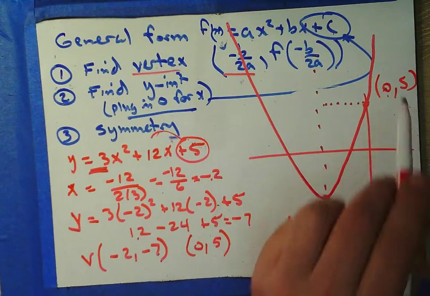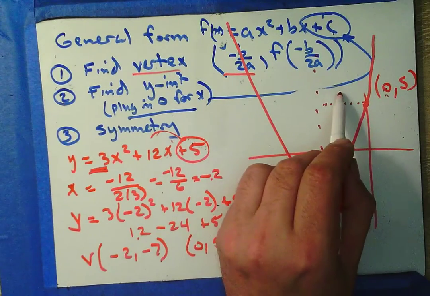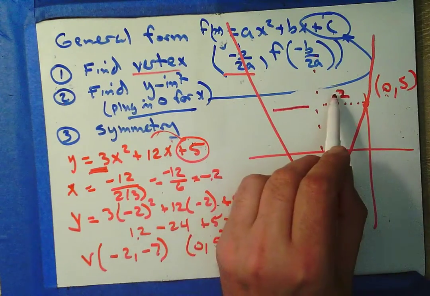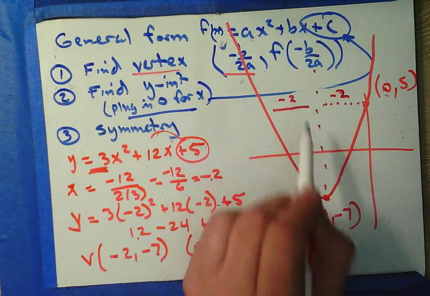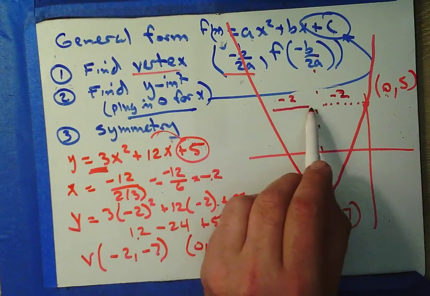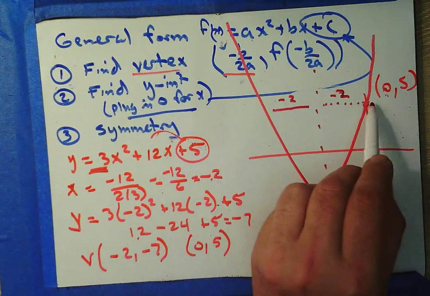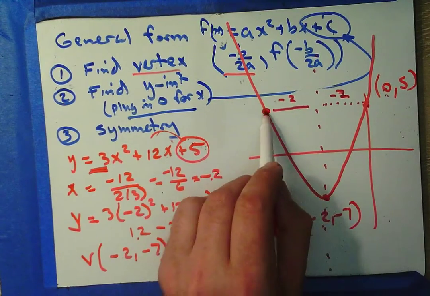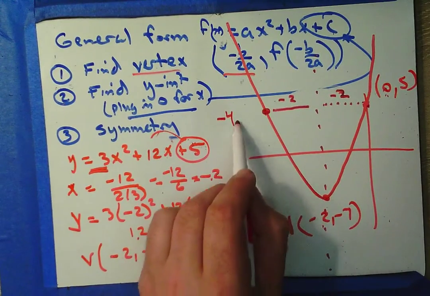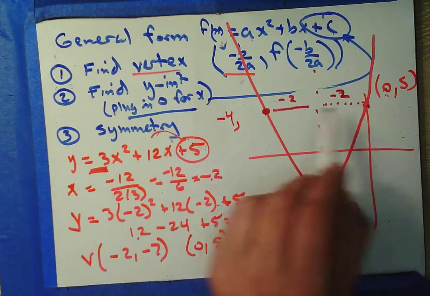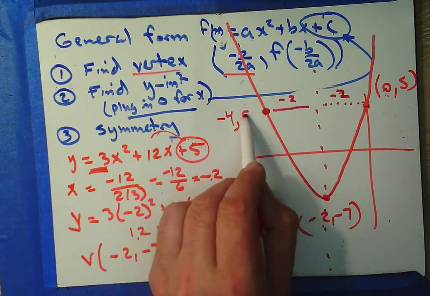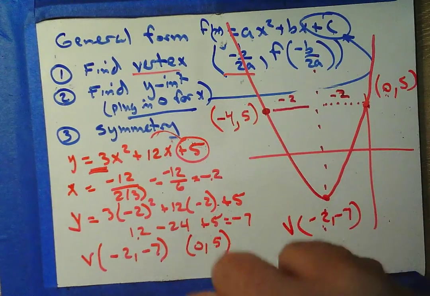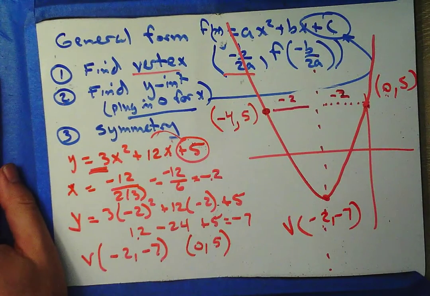Well, from -2 to 0, we've got 2. So we're going to go 2 more in this direction. Whatever this amount is, this amount has to be the same. So the total distance here from this y-intercept is going to be 4. And the y value at these points are the same.